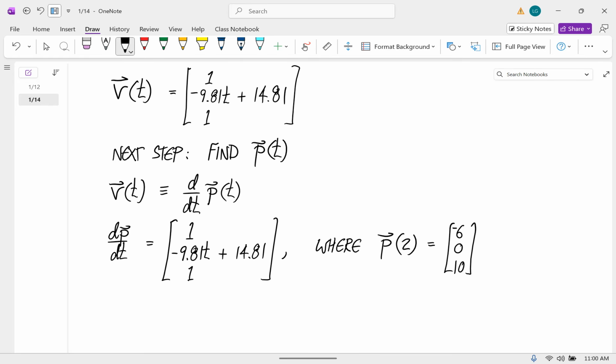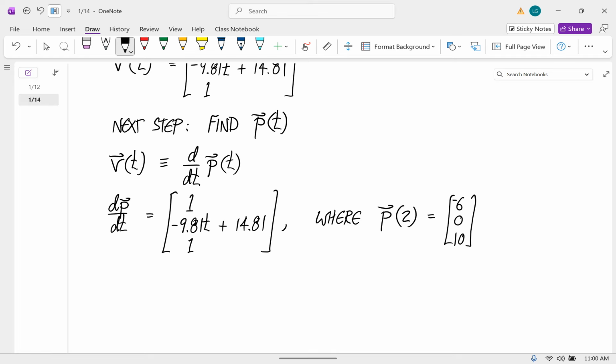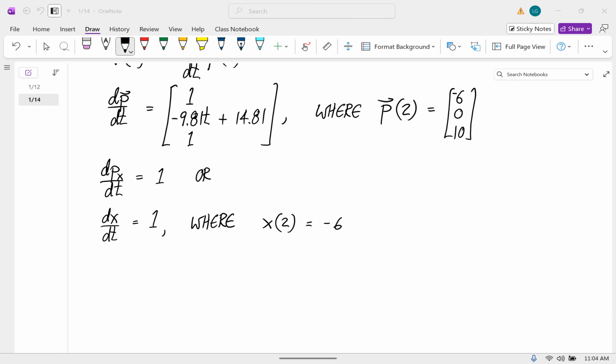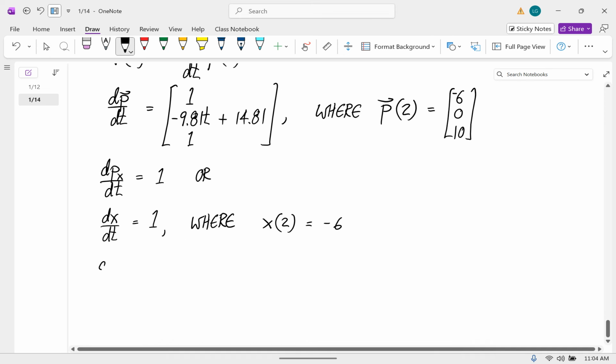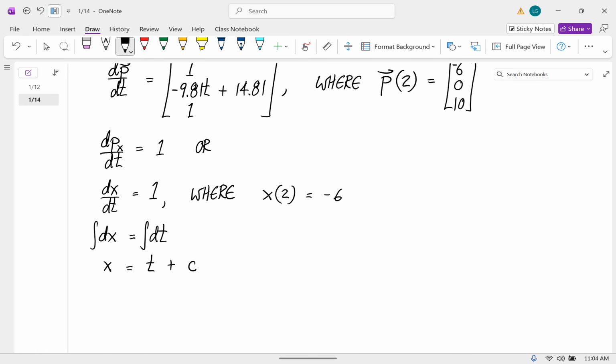We're going to do it step by step. So why don't you take a second and see if you can do the x component of this differential equation? If I separate these variables, we get dx is equal to dt. We can integrate both of those, and we get that x is equal to t plus some constant.